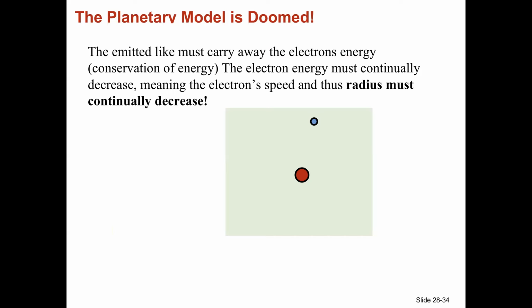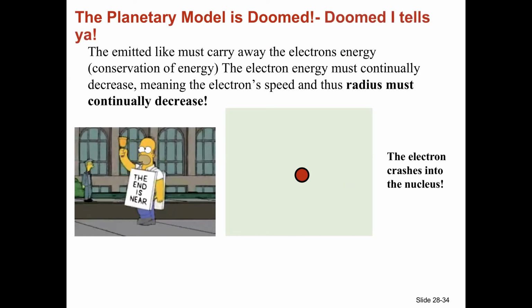So as the electron gives off energy, it's going to eventually spiral into a smaller and smaller orbit until it crashes into the nucleus, and then everything is done. It means that atoms as we know them wouldn't exist, and we wouldn't be here to talk about them. So clearly something is wrong with the model of the atom as we knew it at the beginning of the 20th century.